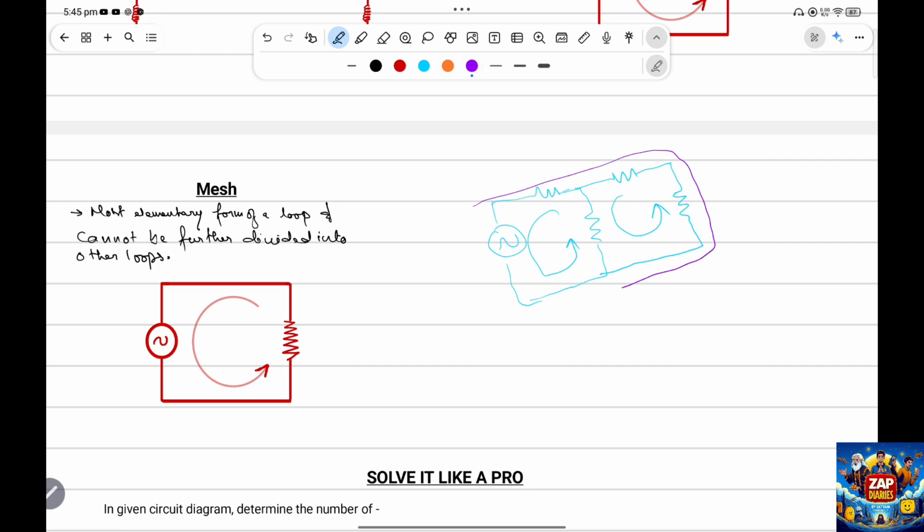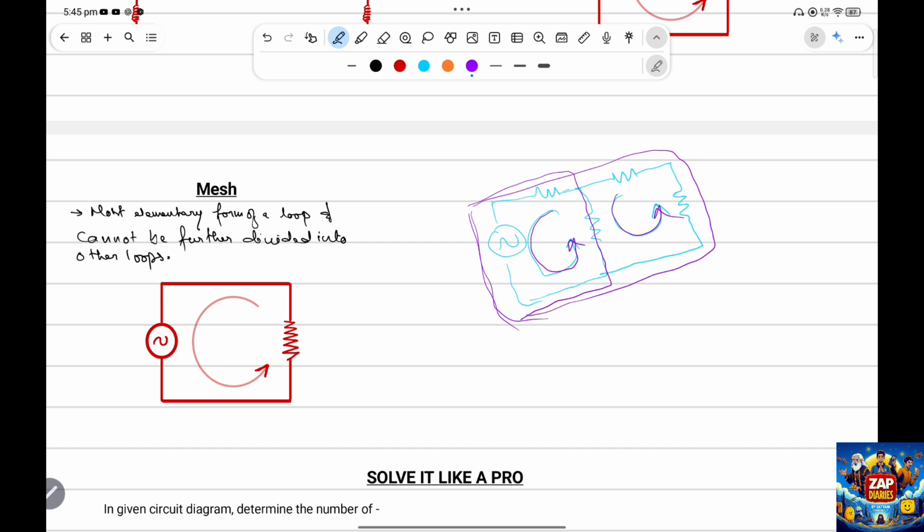This whole one consists of two loops. Then what is the mesh here? The very basic loop that causes only one loop is what we call a mesh.